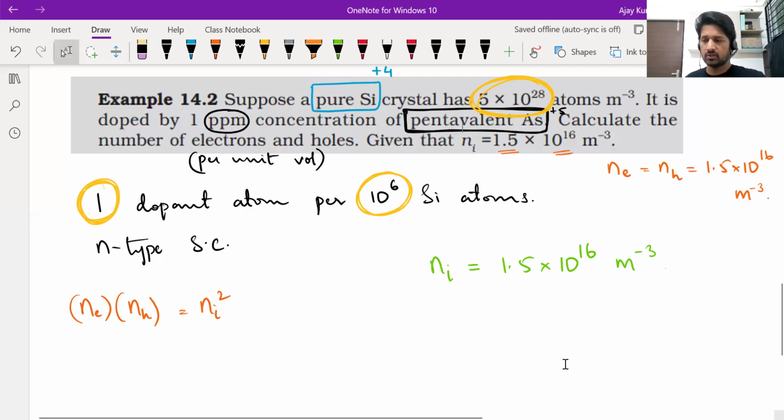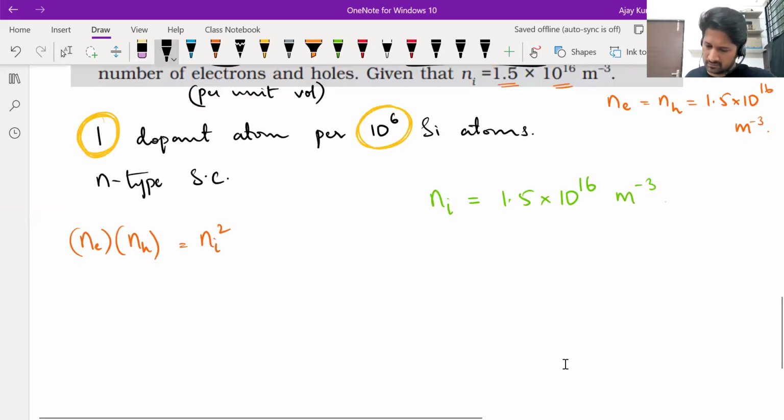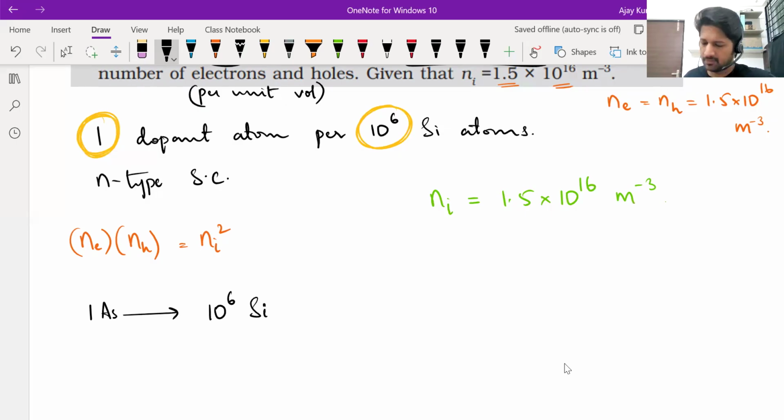If you can find out, you can tell what is the concentration of the dopant first. Okay, let us do that. One arsenic atom for every 10 power 6 silicon atoms. So how many arsenic atoms on the whole for 5 into 10 power 28 silicon atoms?